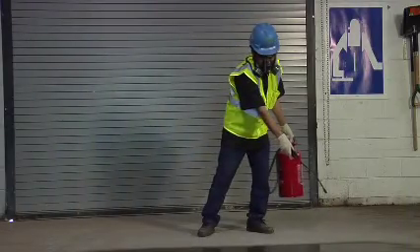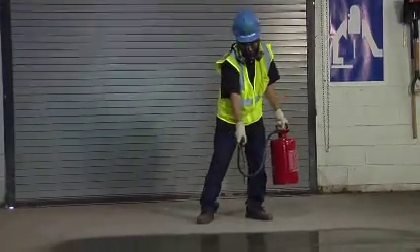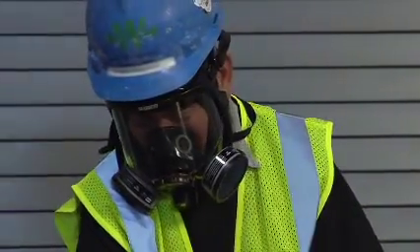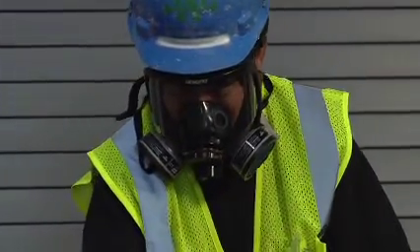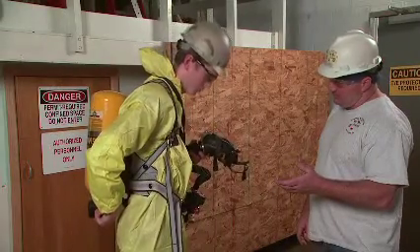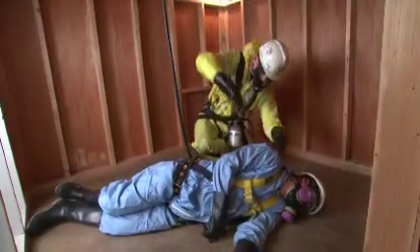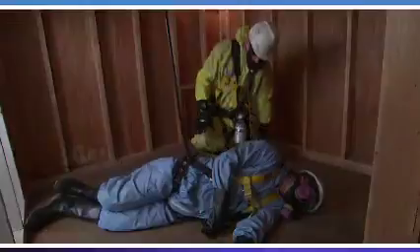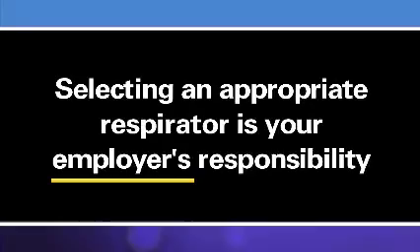If you are exposed to gases and vapors, you will need a different type of respirator. For example, you could use an air purifying respirator with chemical cartridges or an atmosphere supplying respirator, such as an airline respirator or self-contained breathing apparatus. In addition, atmosphere supplying respirators are the only respirators that will protect you against hazardous atmospheres, such as carbon monoxide and lack of oxygen. Selecting an appropriate respirator is your employer's responsibility.